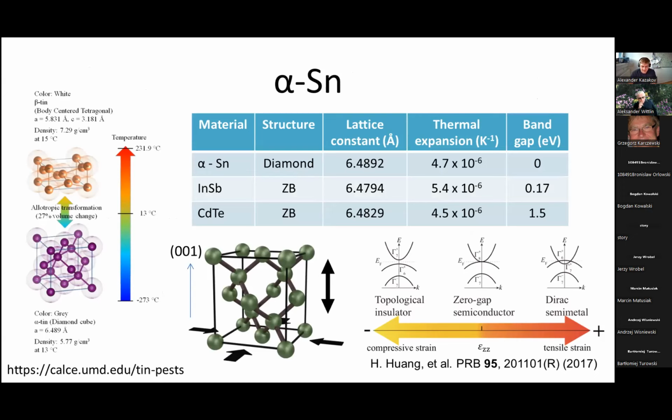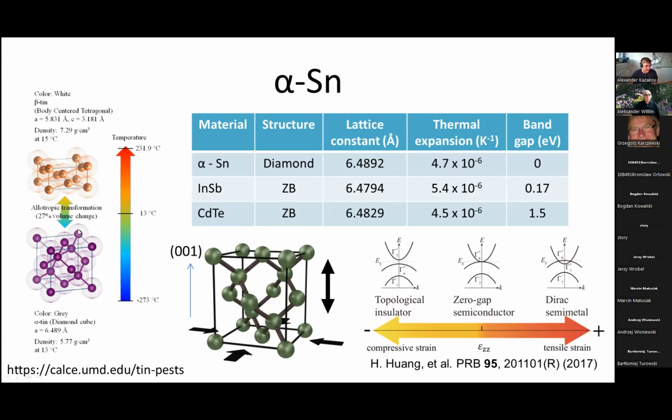This is another direction we are working on right now. So tin as a solid has two modifications. One is the high temperature, metallic one with a white color, which is why it is usually called white tin or beta tin.